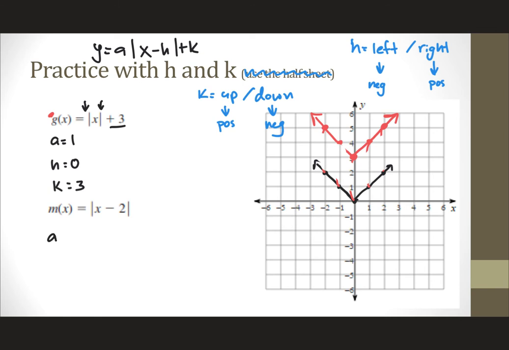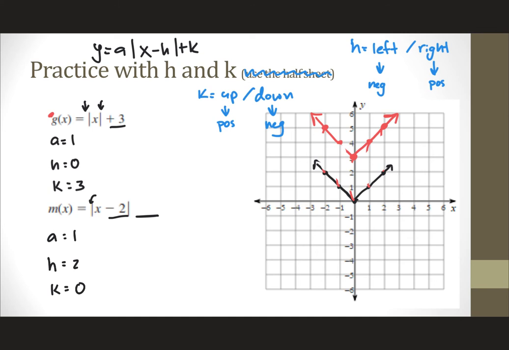In this one, there's nothing there, so a is 1. h is right here. Remember, h is backwards, so it looks like a -2, which means it is a +2. Last but not least, k: there's nothing back here, so k is 0.